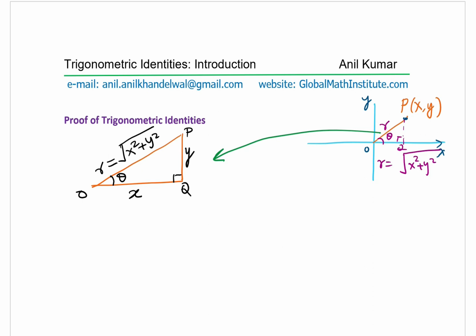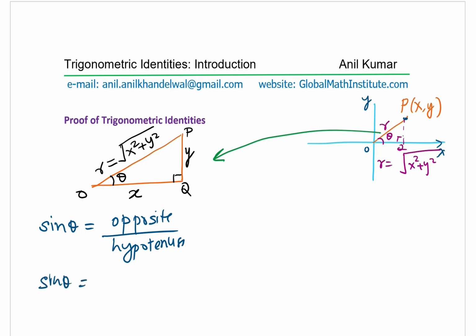Now, let us try to understand how this particular triangle represents trigonometric ratios. So from here, we can say what is sine theta equal to. Sine theta is the ratio of opposite side to hypotenuse, so sine theta can be written as y over r. What is cos theta equal to?